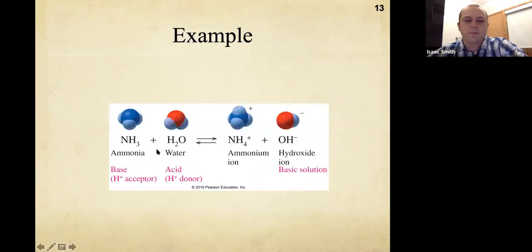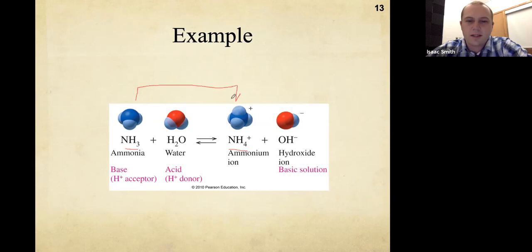Okay, here's another example. Okay, so ammonia. If you look at the products here, you can see that ammonia went from NH3 over to NH4. So it actually gained a proton. And if you gain a proton, you're a base.